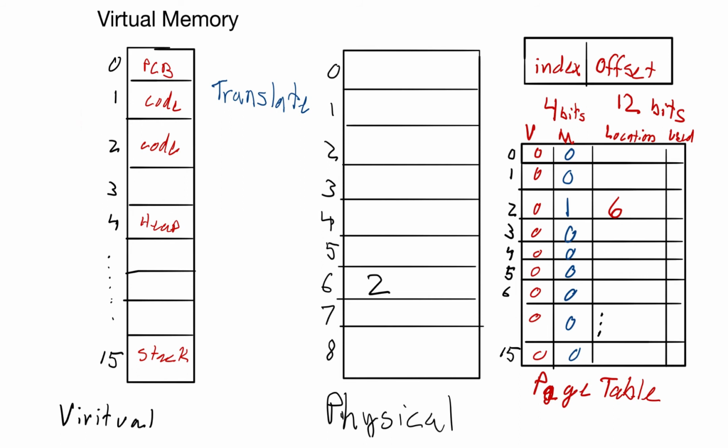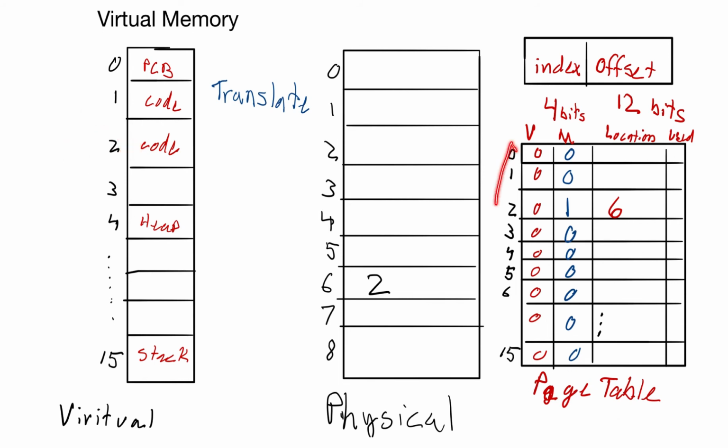So how does it do the translation? So the process is running. It wants some memory from this page. So it takes whatever address it gives us, it chops it in half to split it between the offset and the index. It takes the index bits, and because it's in this page, the index bits are going to contain the number 2.